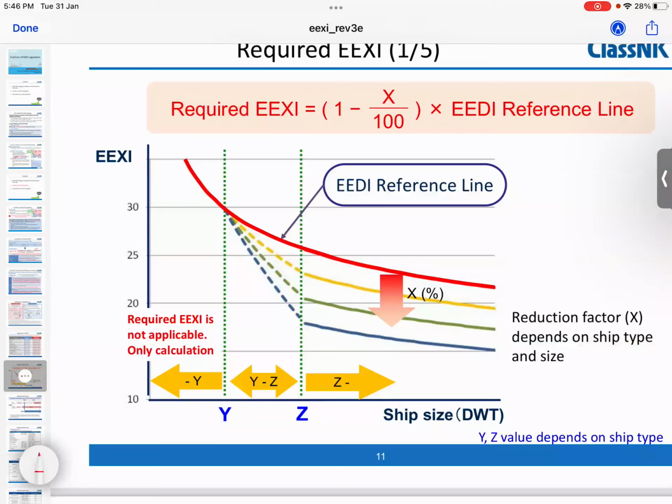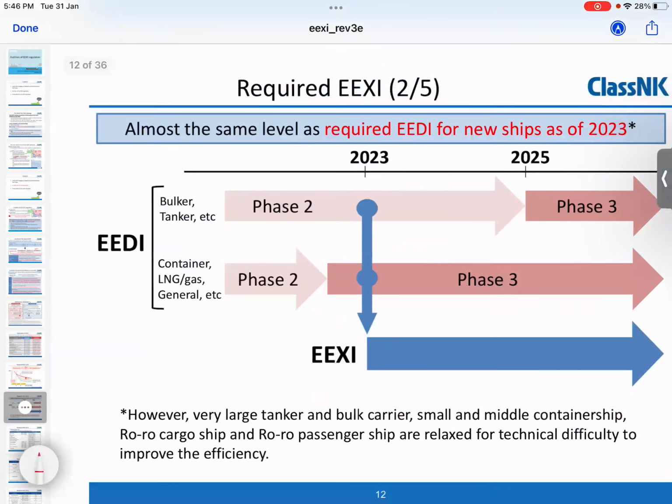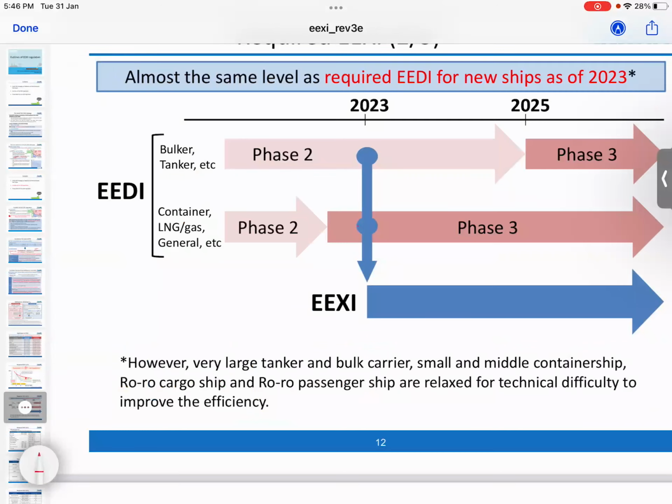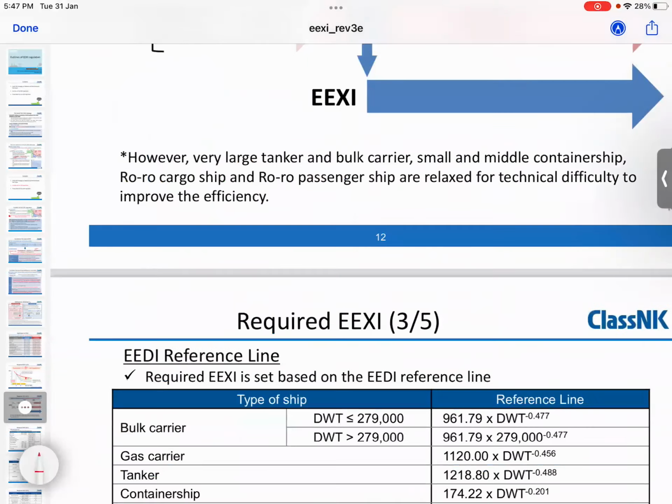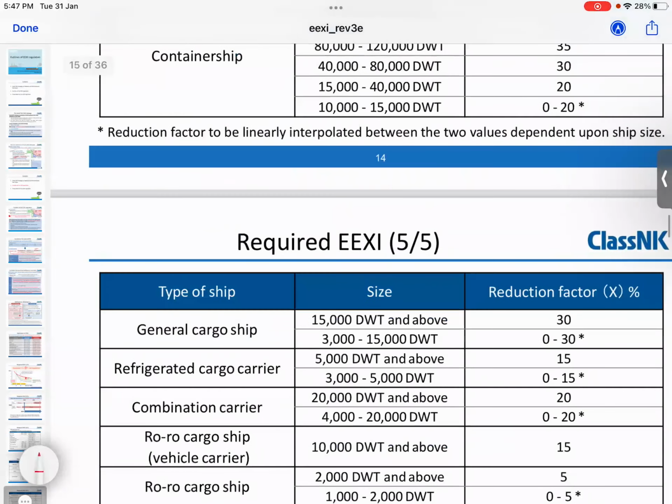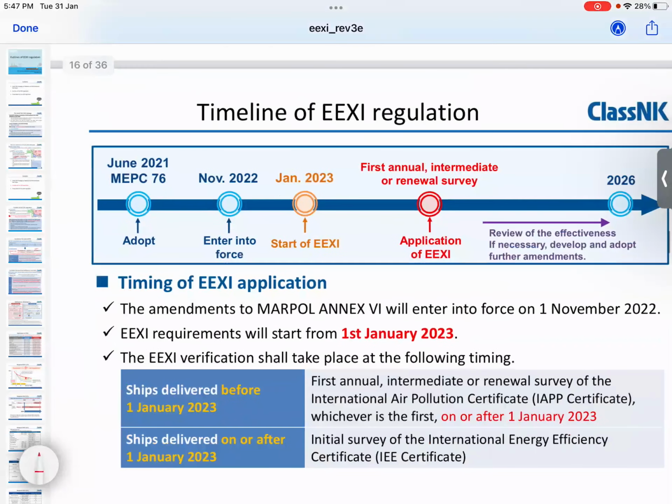People make the mistake of thinking that the reference line value is EEXI here, and the required EEXI should be 1 minus Y. Don't follow that. It is not X, it is Y as per the marks. It is just a reduction factor, nothing else. And we are looking at phase 2 advancing to phase 3. It is the same story, everything else is the same.